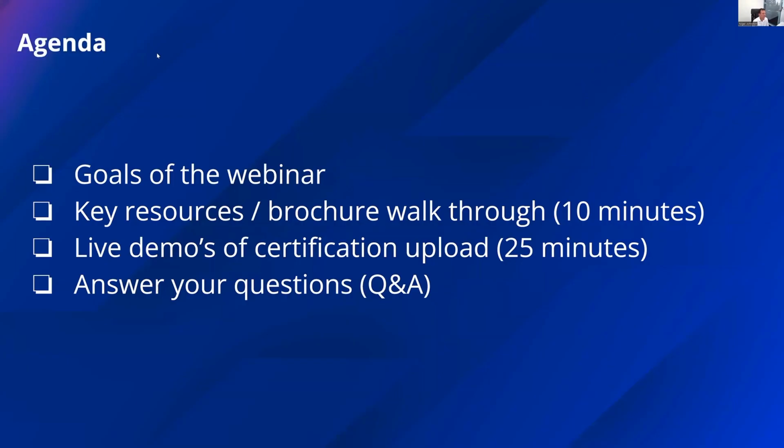The agenda is to talk about the goals of the webinar, to identify the key resources and walk through the brochure and those key resources, do a live demonstration of the certification uploads. So this time we'll do a few different scenarios and answer your questions.